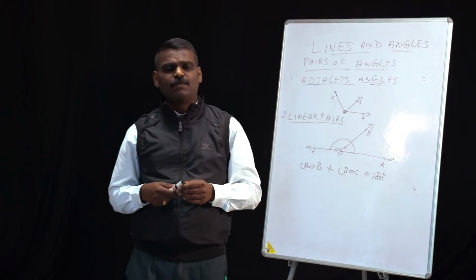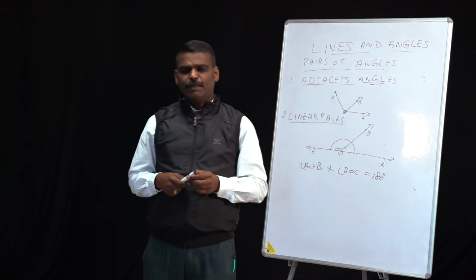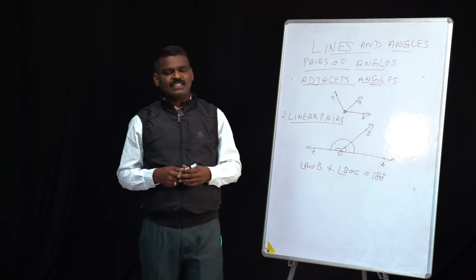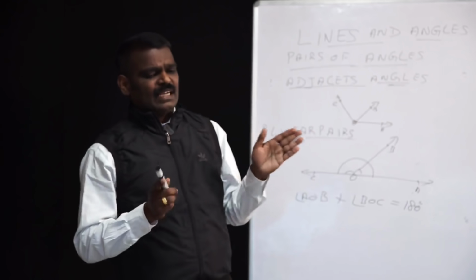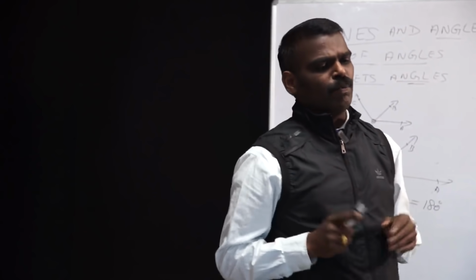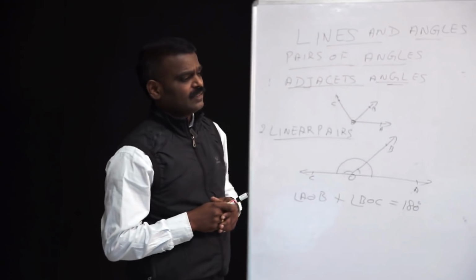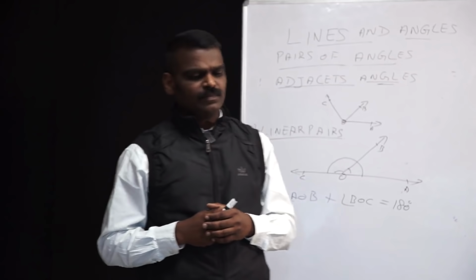Then what did you learn? Pairs of angles. What are those? First point is adjacent angles. Adjacent angles, those angles in between them there is nobody, no other angles. They are called what angles? Adjacent angles. Yes or no? Next comes linear pairs.